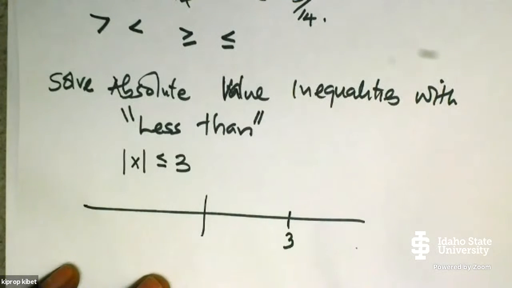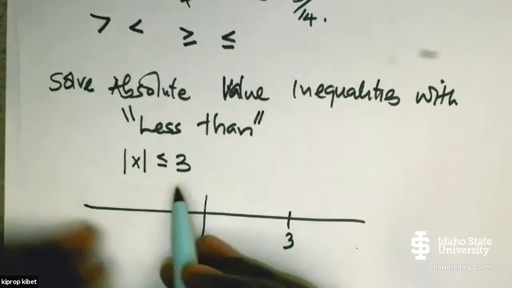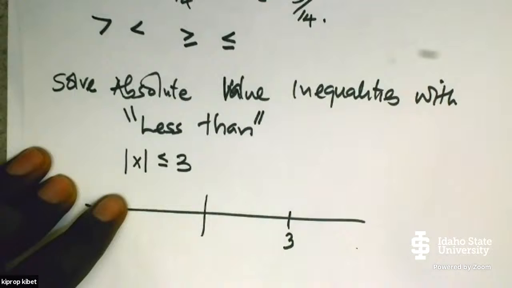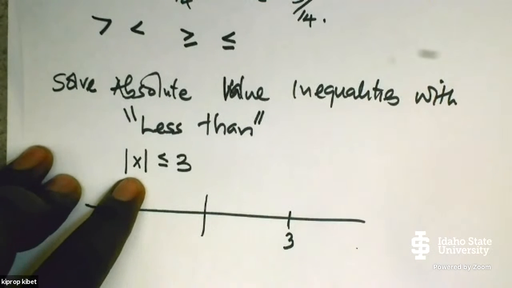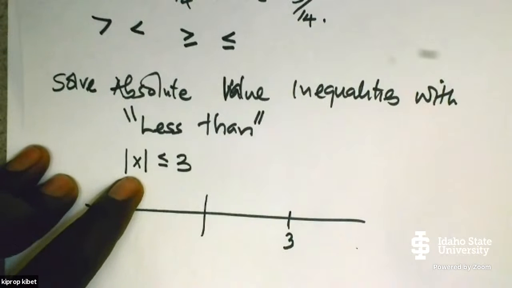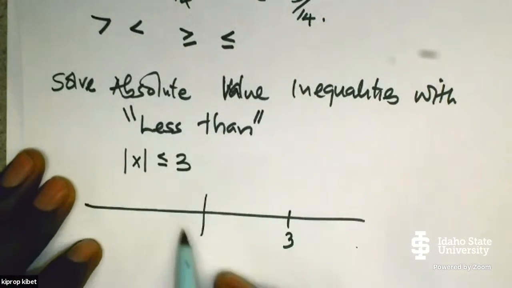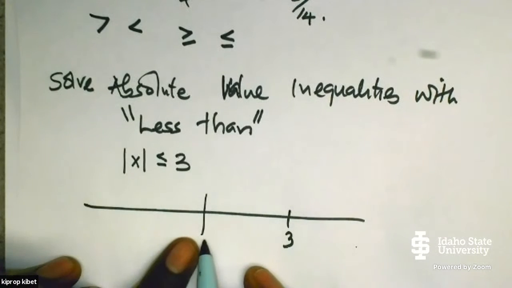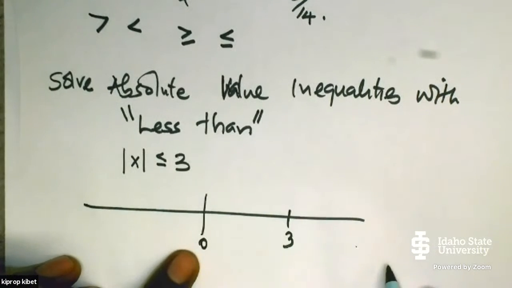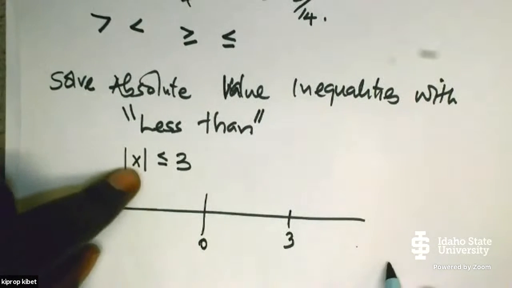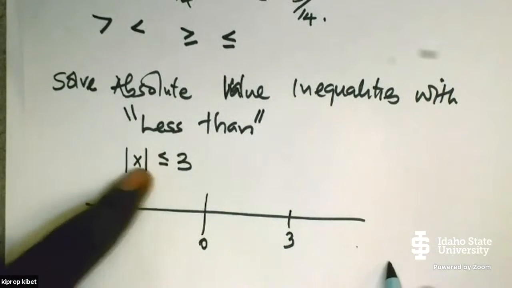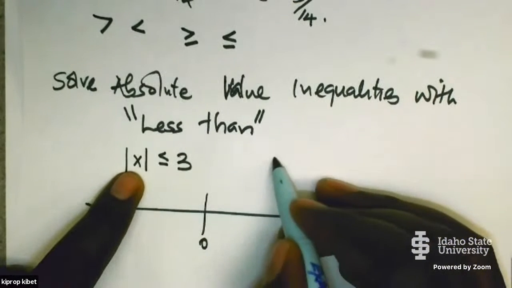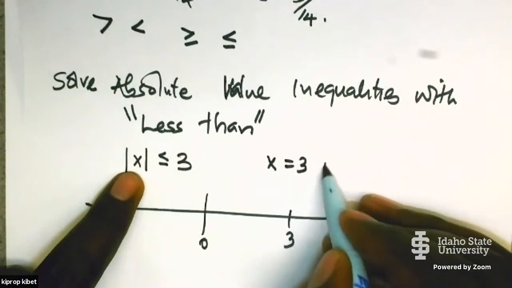Since this one is equal, the value of x can also be negative. For the absolute value, these are values greater than zero.